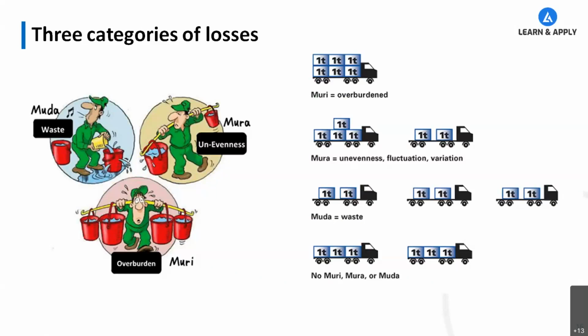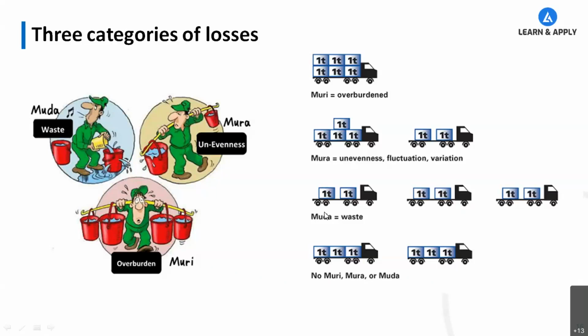Second, Mura, the unevenness: on one truck we are loading 4 tons, capacity is 3, and on the second only 2 tons. That is underutilization of one and overutilization of the other. That is the unevenness.